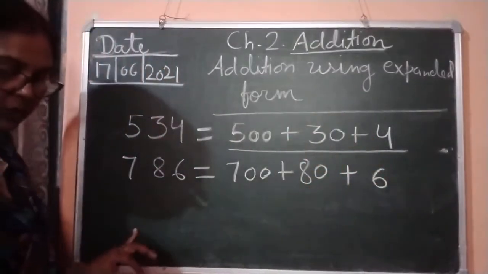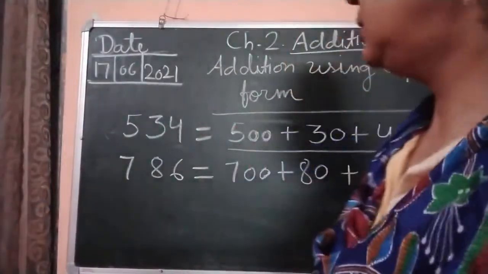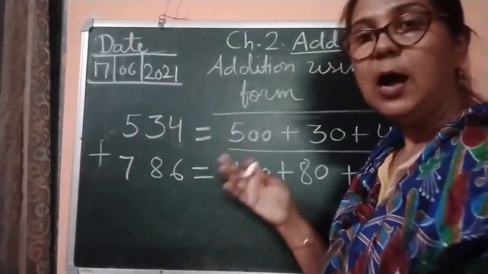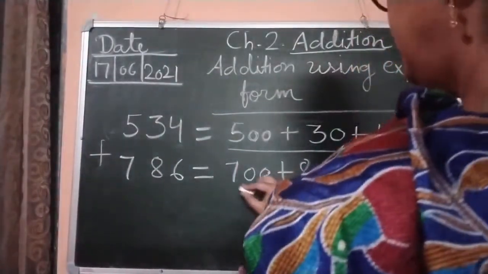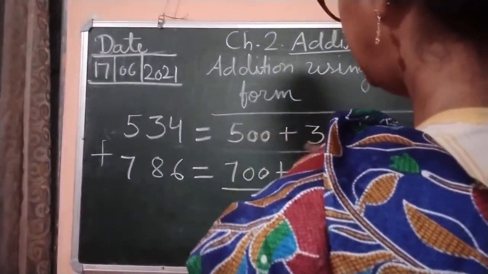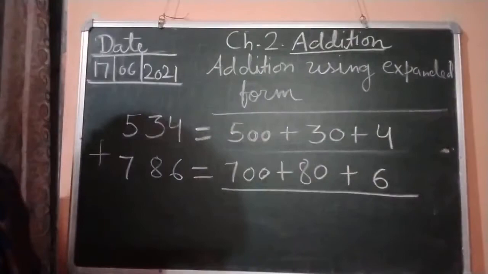Now if the question is to add these two numbers, how can we get the sum? If we are adding the expanded forms of these numbers, how can we add?